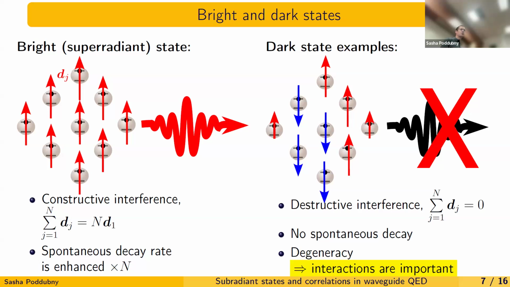For the superradiant mode, everything is in phase, but all subradiant modes are different from each other. And we know from other examples in physics that this degeneracy is going to be lifted by interactions. The effect of interactions, of anharmonicity, of some other effects will be very important. So we are going to study how this degeneracy will break down and what it will lead to.